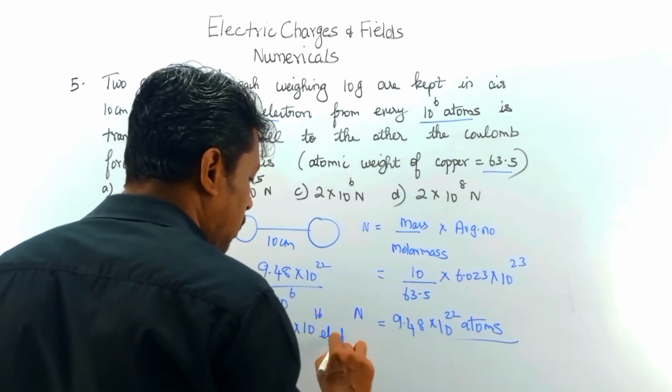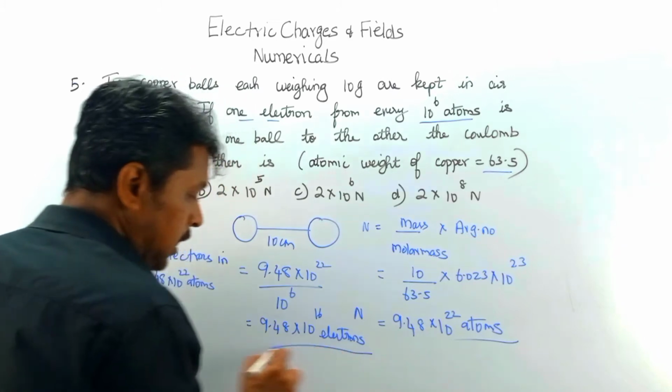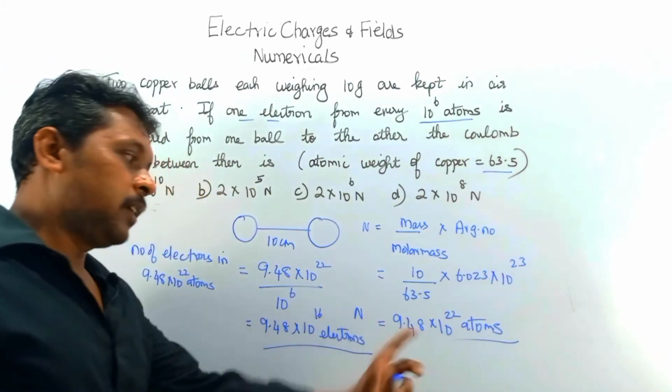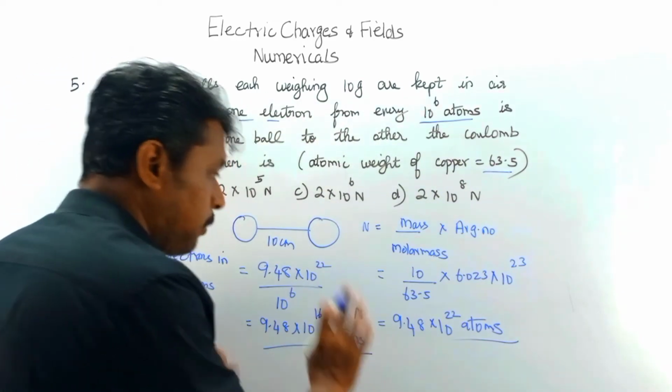So this is the number of electrons in this number of atoms. So we have found the number of electrons.